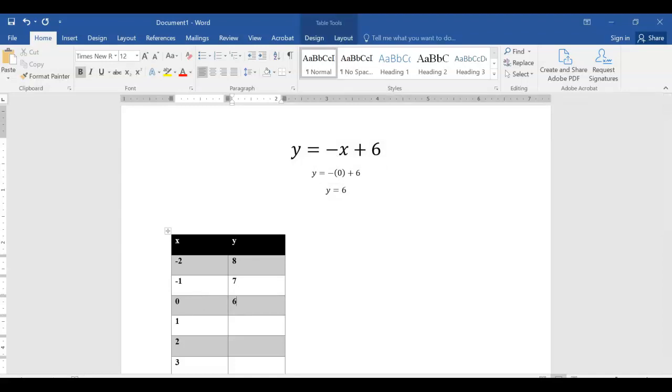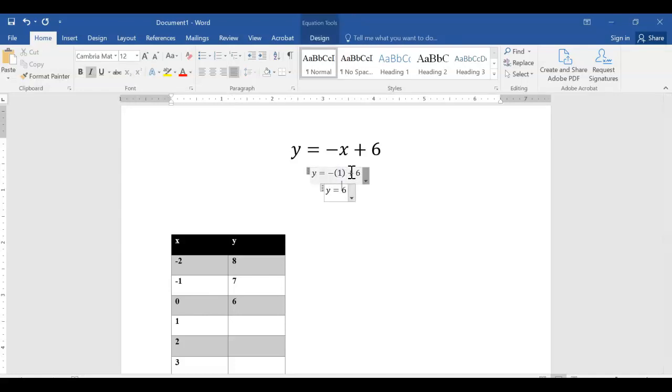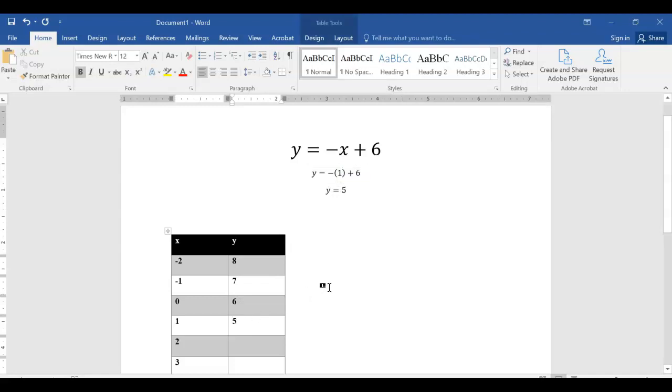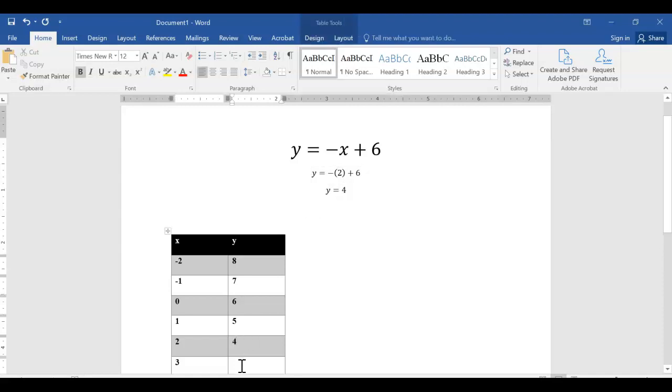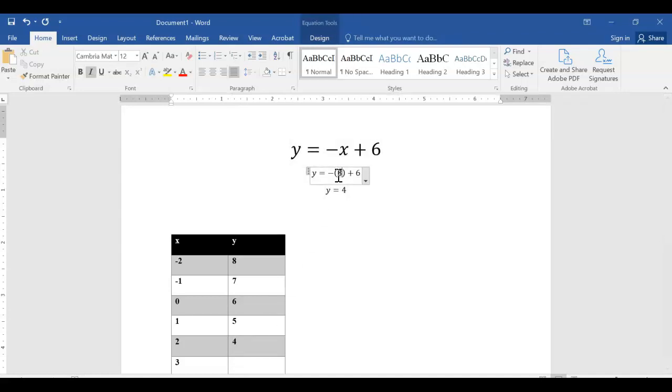When you plug in 1, you'll see the pattern come up. Y is 5. So I put 1, 5. When I plug in 2, you get 4. And when you plug in 3 for the x value, you end up with 3 as the y value.